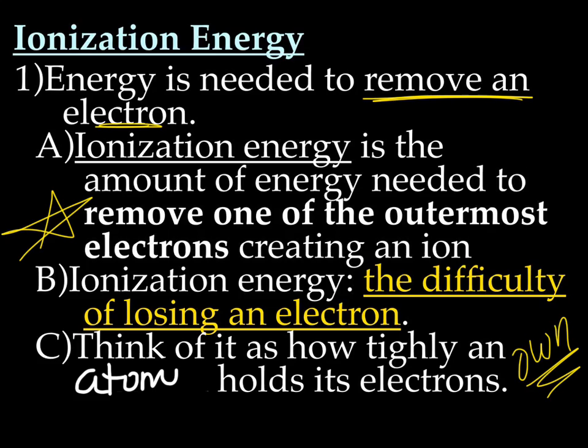So the tighter an atom is holding its electrons, the greater the amount of energy that's going to need to be used to remove it. So there's greater ionization energy. The looser an atom is holding an electron, the less energy it's going to need to pull it away. Okay.